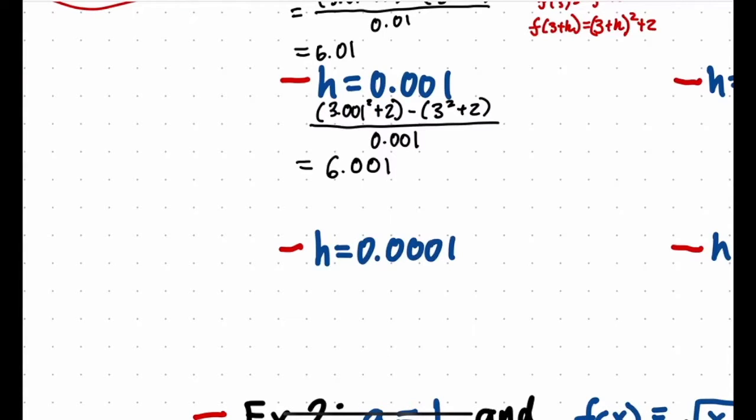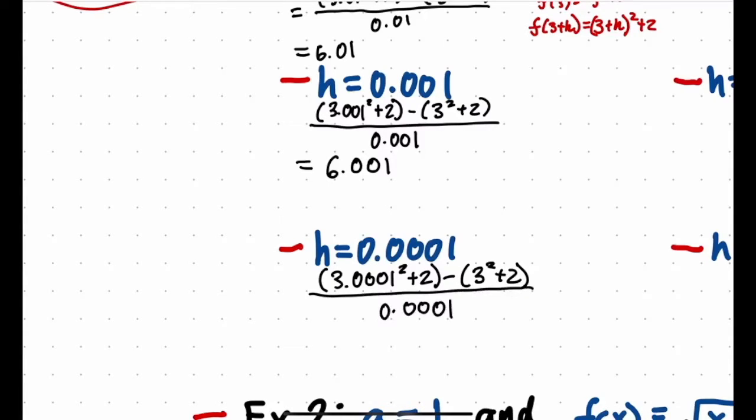So now let's do h is 0.0001. So change that h to one more decimal point closer to 0. But other than that, it's still the exact same expression. The f of x isn't changing, the a isn't changing, so it's still 3 because it's 3 plus h, so 3.0001 squared plus 2 minus 3 squared plus 2 over 0.0001.